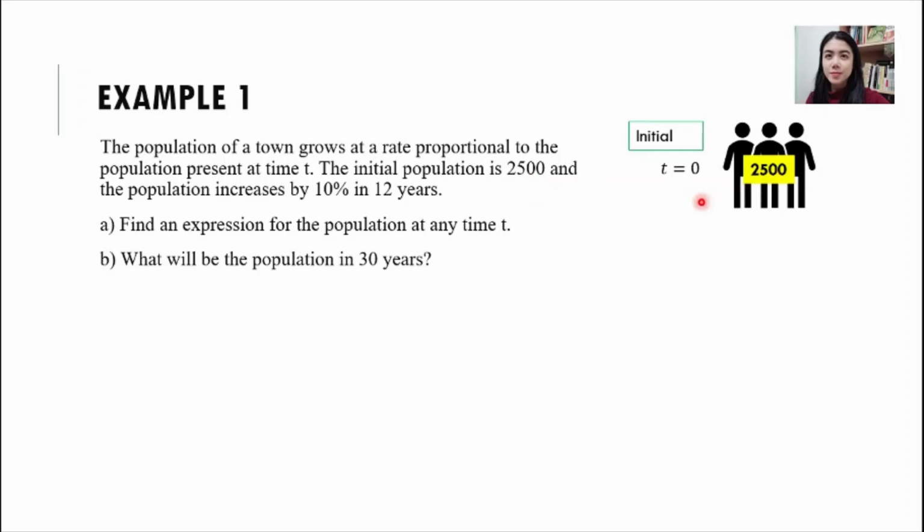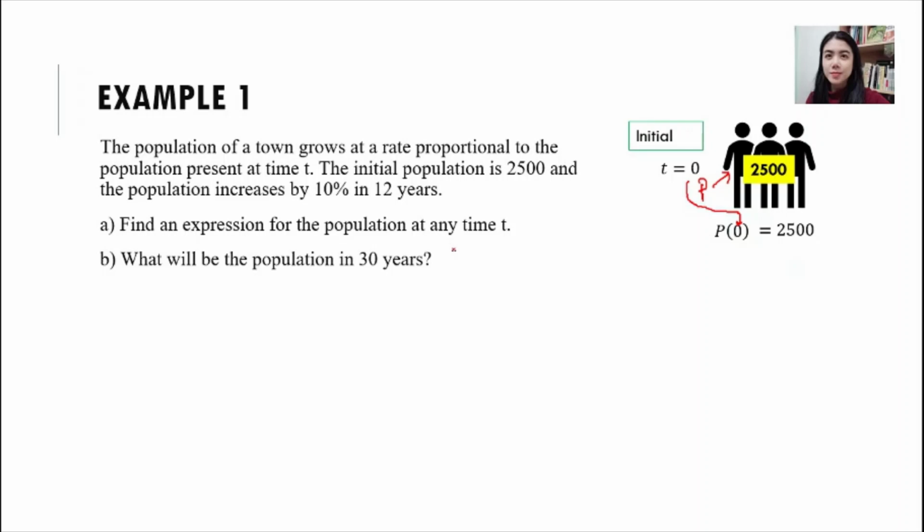So I'm going to use the symbol P to denote the population. The way we're going to write it is P, where P stands for the population, at the time equal to 0. We're going to put the time inside the bracket. So P(0) is equal to 2,500.